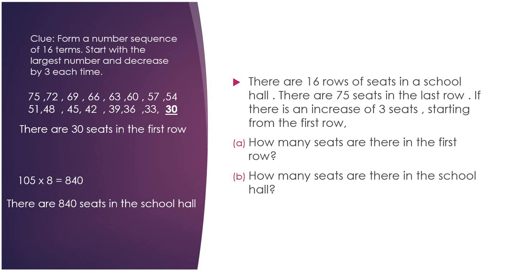For the 8 pairs, you just add the first number to the last number. 75 plus 30 equals 105. So 105 multiplied by 8 pairs equals 840. So there are 840 seats in the school hall.